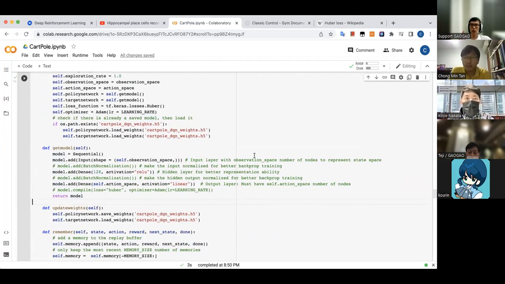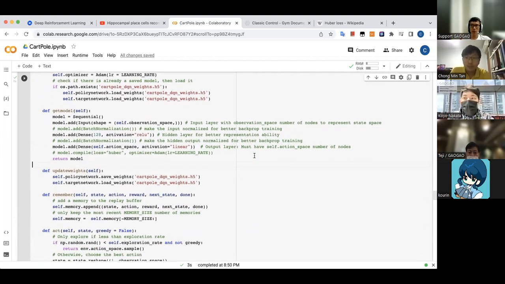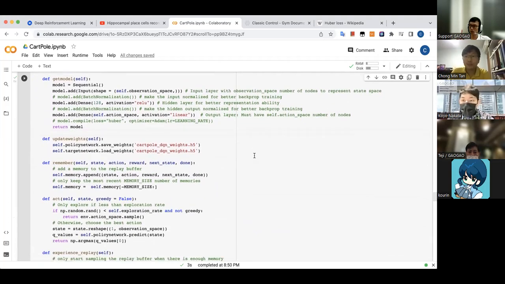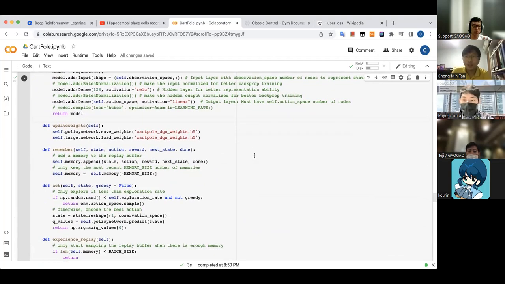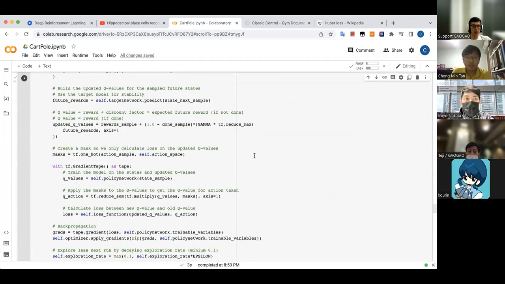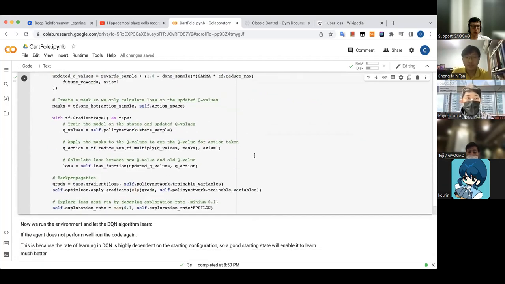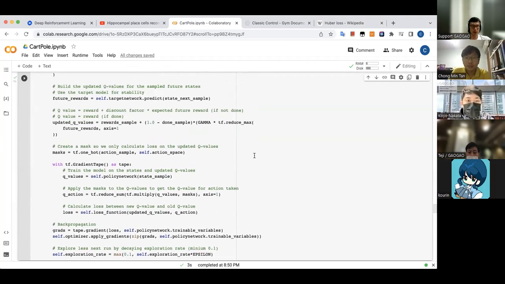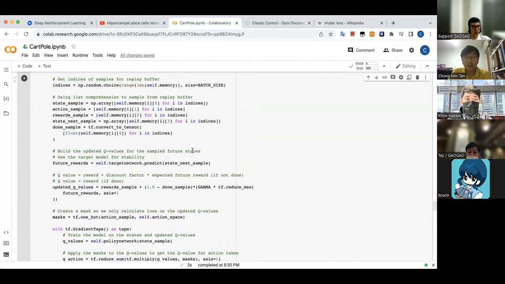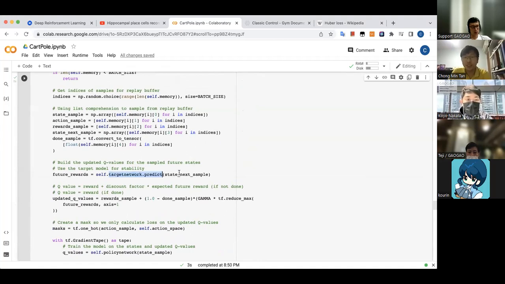But this random sampling of the memory is only for the target, the two networks, right? The policy network will be fed with a random sample, whereas your target network is the one that the state in which it is in right now. Oh, no, no. Both the target and the policy network will be fed the same samples actually.